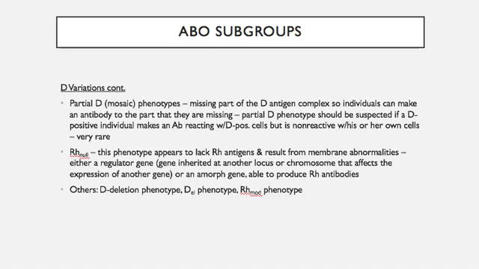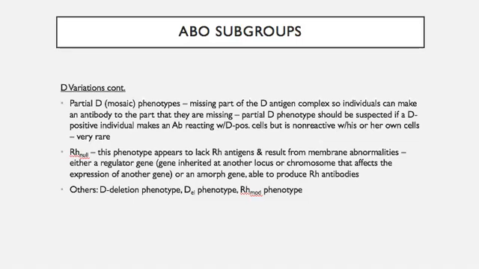Okay, partial D, like I mentioned, is sometimes referred to as mosaic. They're missing part of that D antigen complex, so they can make an antibody to the part of the D antigen that they're missing. So partial D phenotype would be suspected if a D positive individual makes an antibody that reacts with D positive cells, but is non-reactive with his or her own cells. This is not very common.